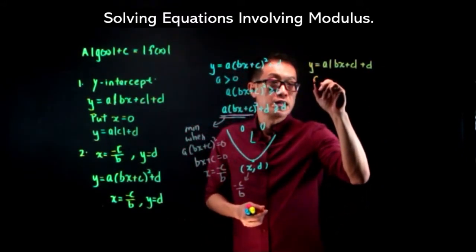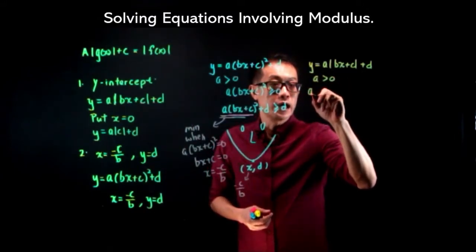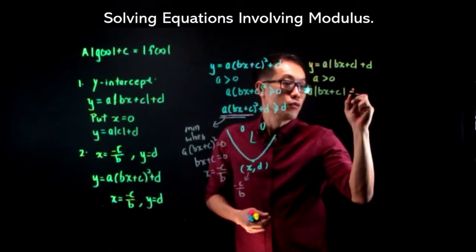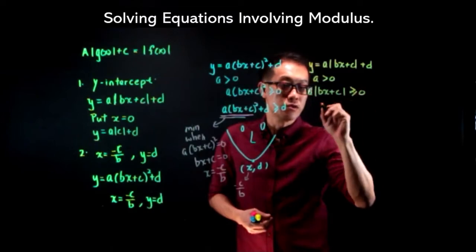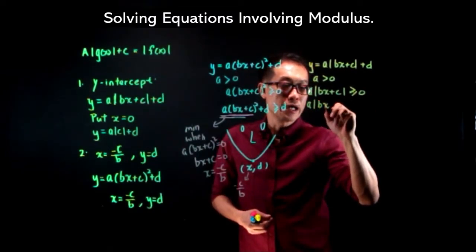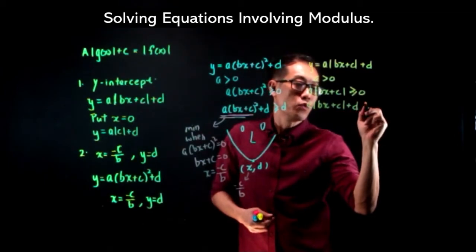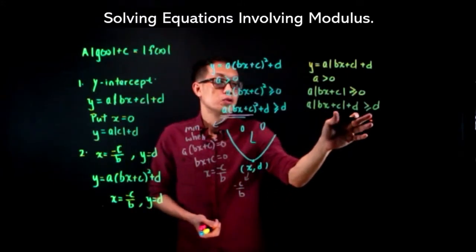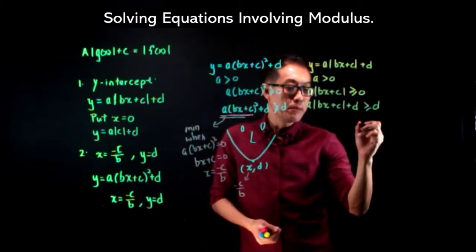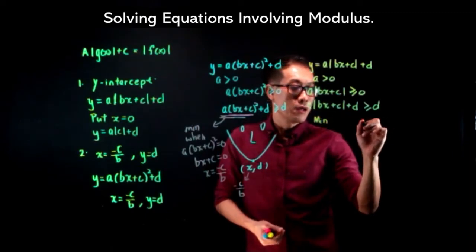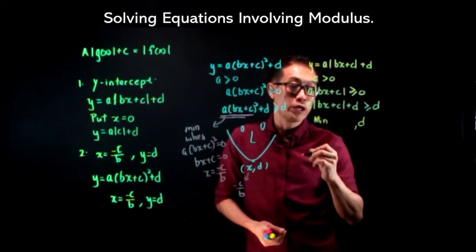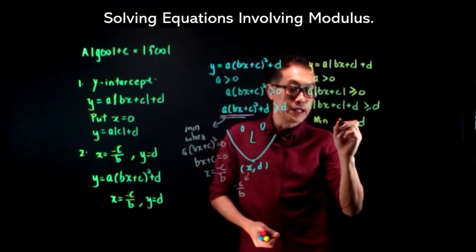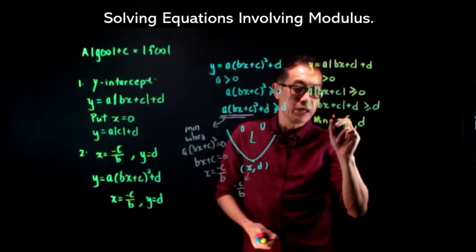If a is greater than 0, then a times mod bx plus c will be greater than or equal to 0, so a times mod bx plus c, plus d will be greater than or equal to d. Similarly, the minimum point, or the vertex, has y coordinate d. When will the minimum happen? When x is equal to minus c over b.